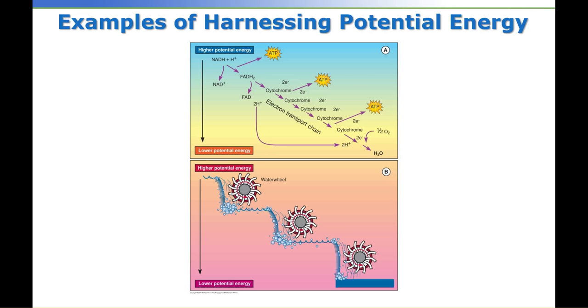Examples of harnessing potential energy. What this is basically saying is that this electron transport chain is releasing ATP, and it's because the burning of macronutrients takes place and it releases electrons. That's really what's going on here.